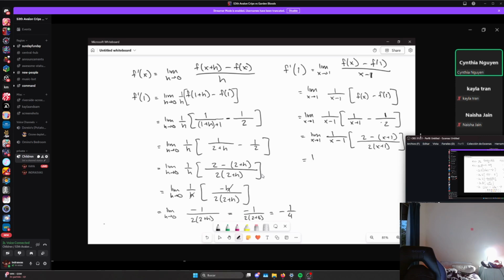Okay. x minus 1. Okay, so up top you have 2 minus x minus 1 when you distribute the negative. So you're left with 1 minus x over 2 times x plus 1.